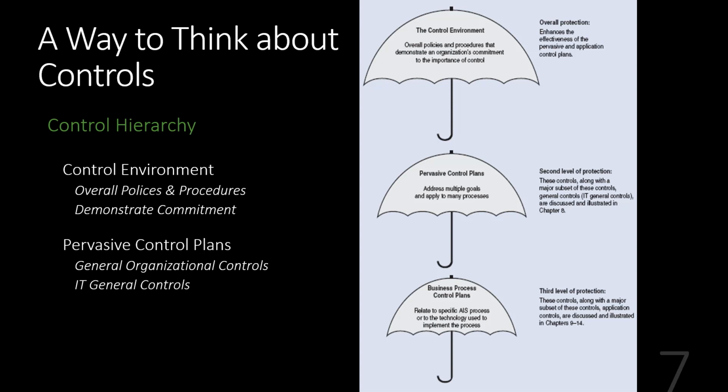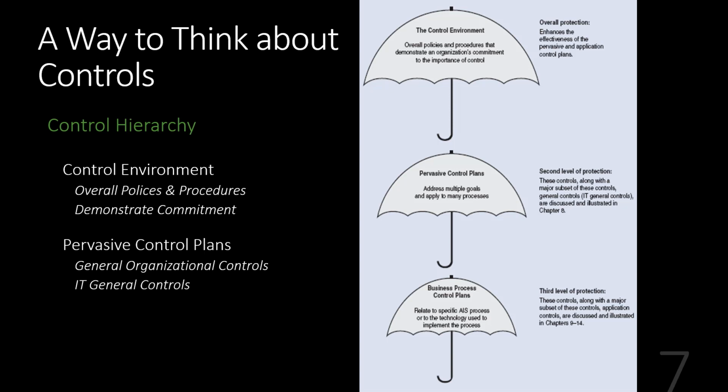We're starting to implement the actual controls themselves rather than having a set of policies and procedures, our organizational commitments. So down here in the plans, we actually have specific controls. From an IT perspective, we've got what are called IT general controls. These would be the controls that apply no matter what you're doing in the IT environment of that organization.